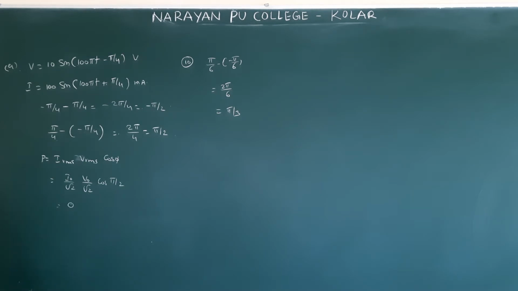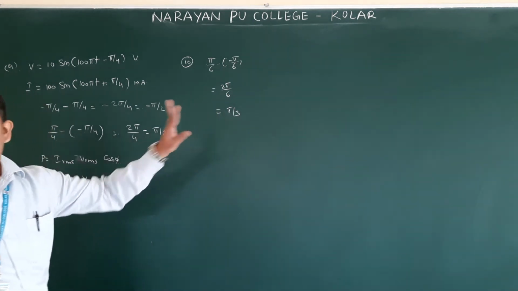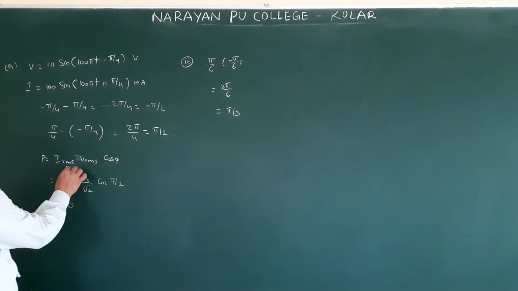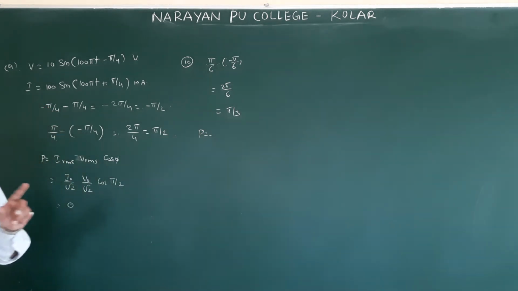Next, the power dissipated in the circuit is 0, or the power dissipated in the circuit is 125. So it is not pi by 2, therefore you won't get 0. You will get, I think, 125. Same formula: P is equal to I naught by root 2 times V naught by root 2 times cos phi. I naught in that equation is 5, V naught is 100.